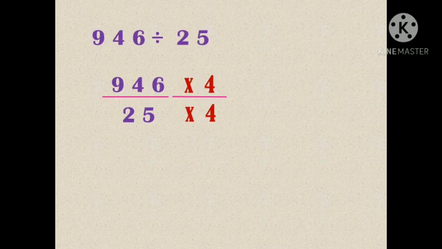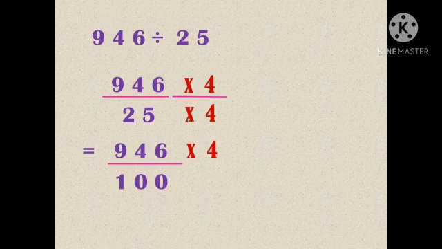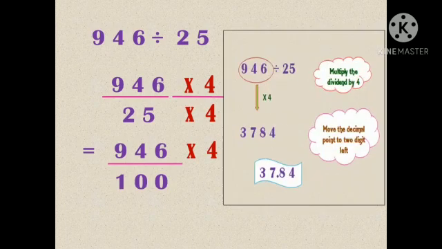So next, let us rewrite the equation as 946 by 100 into 4. The meaning of this expression is we are supposed to multiply the dividend by 4 and next we should divide that value by 100. That is, we have to move the decimal point 2 digits left. So this is the shortcut we have seen.